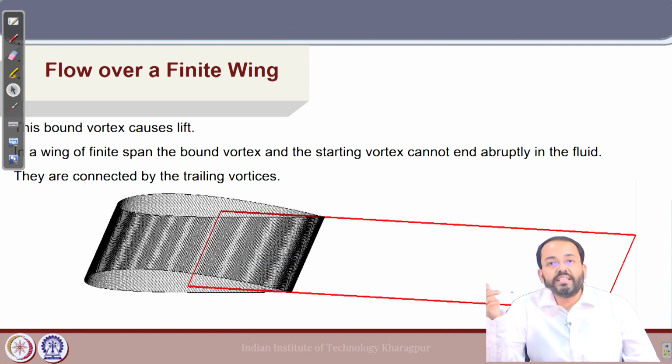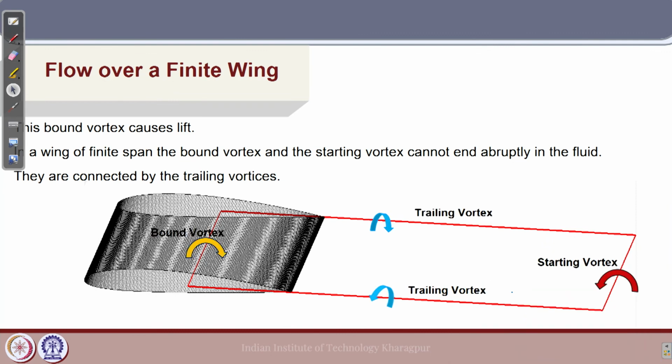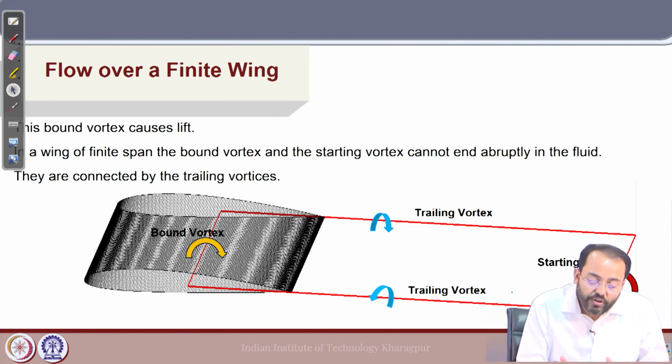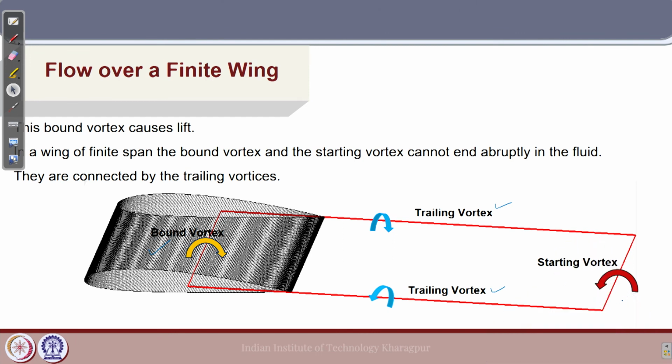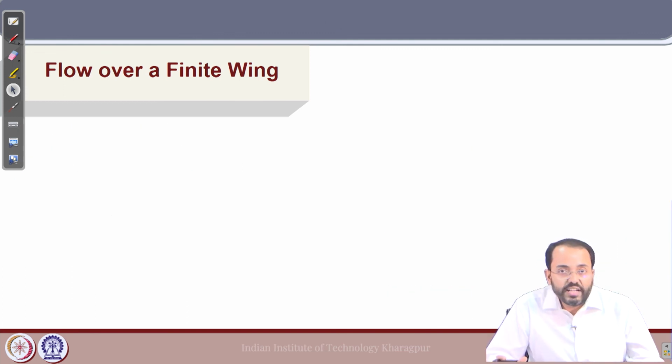So, they are connected by the trailing vortex, and this is how the vortex system appears for a wing. So, for a finite wing we have a bound vortex, and from the two ends we have trailing vortex, and it is connected to the starting vortex which was shed initially from the wing. So, this representation gives the vortex structure of a wing.